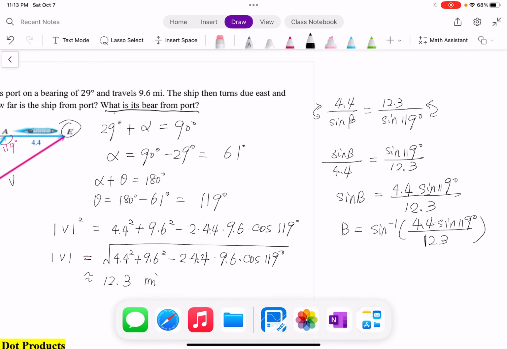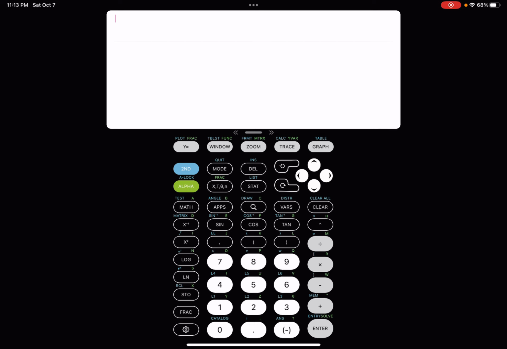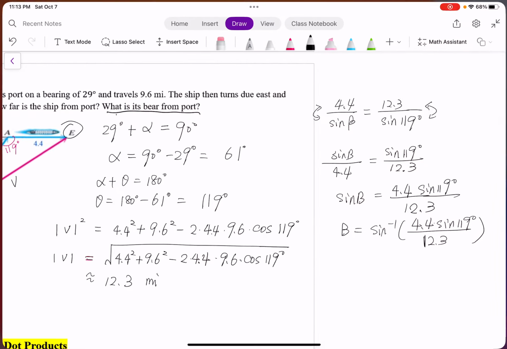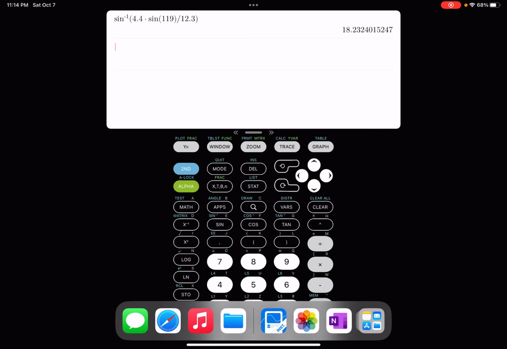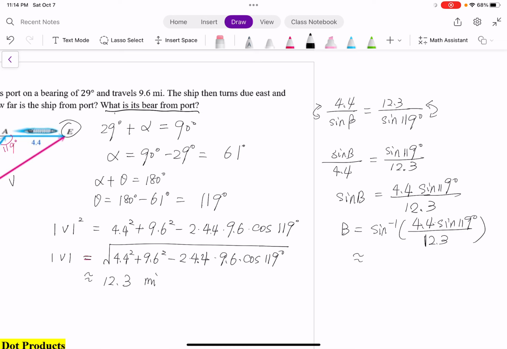Close the parentheses. So let's use our calculator to do the computation. The inverse sine of 4.4 times sine 119, all divided by 12.3, close the parentheses. All right, the angle is about 18.2 degree. So beta is about 18.2 degree.